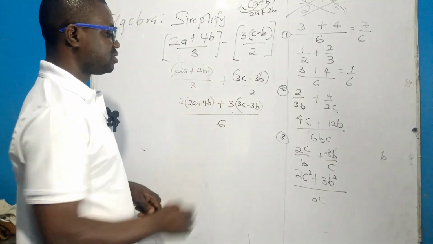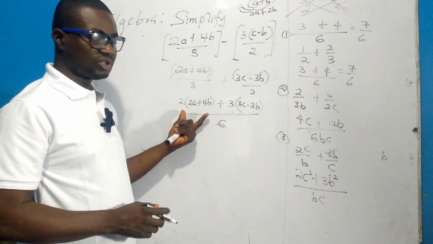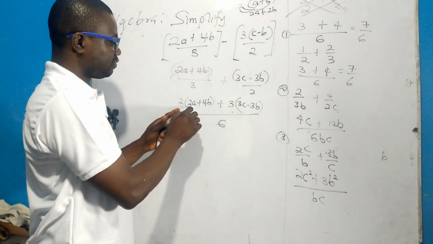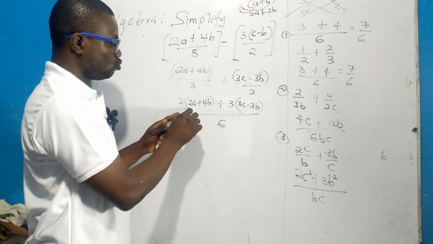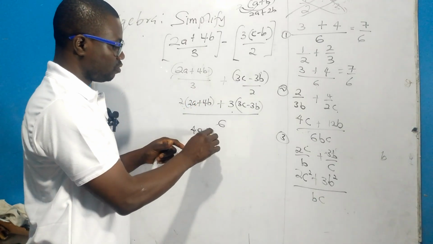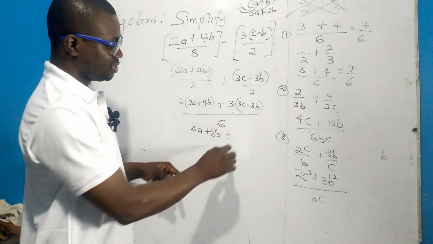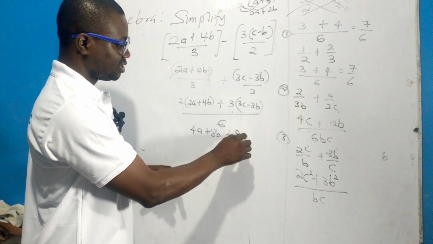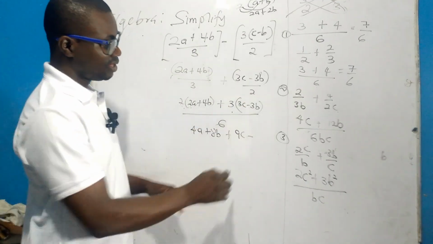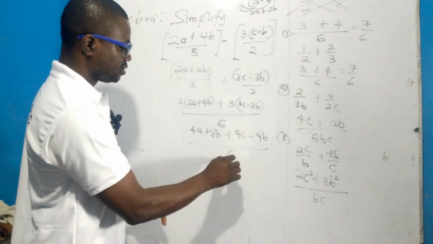Then your addition sign. Now, in this case, help your child to remember how to expand. As we did here, 2 times 2a will give you 4a, plus 2 times 4b will give you 8b, plus 3 times 3c will give you 9c. Then the minus sign. 3 times 3b will give you 9b, all over 6.